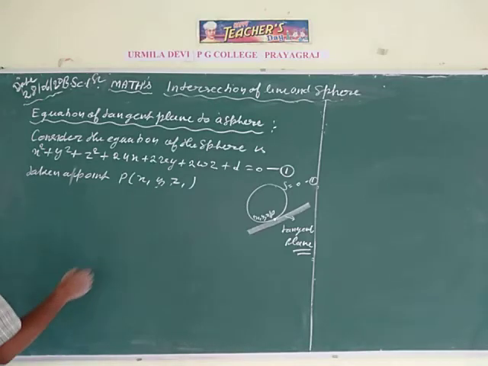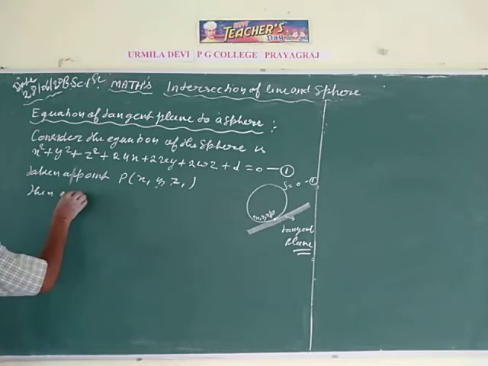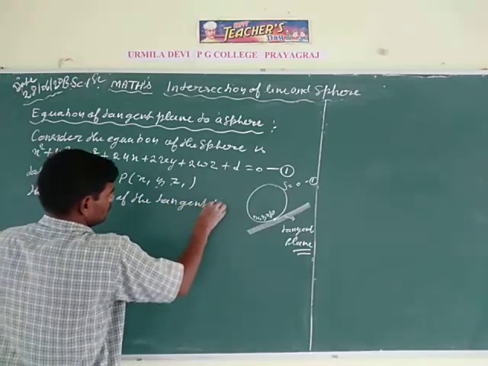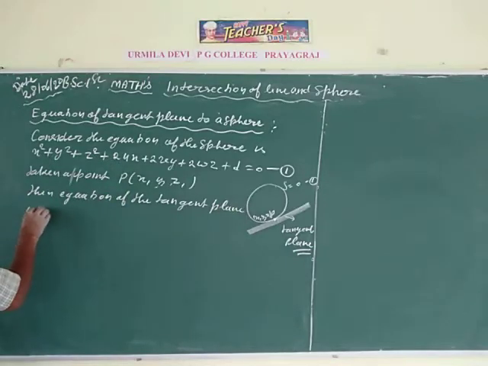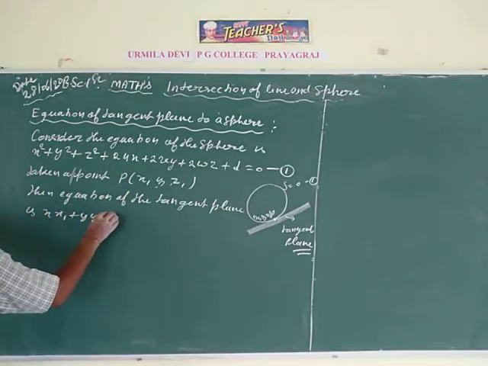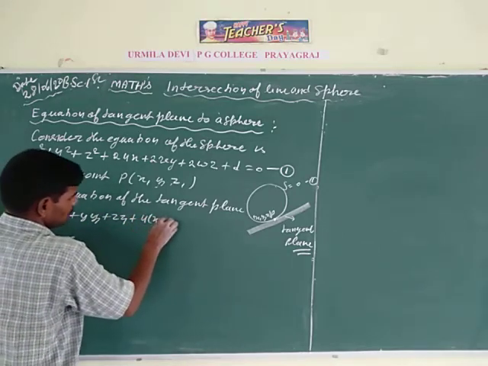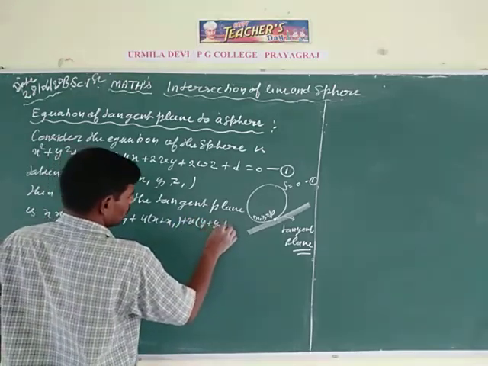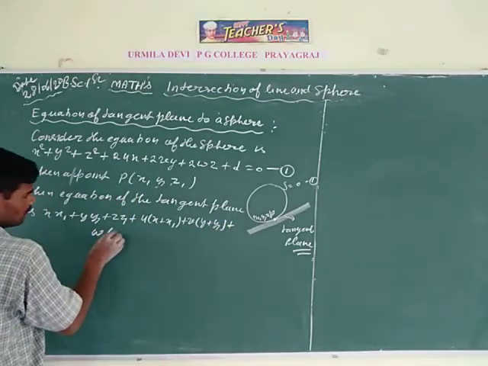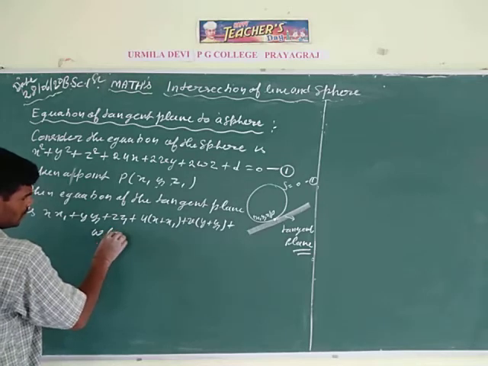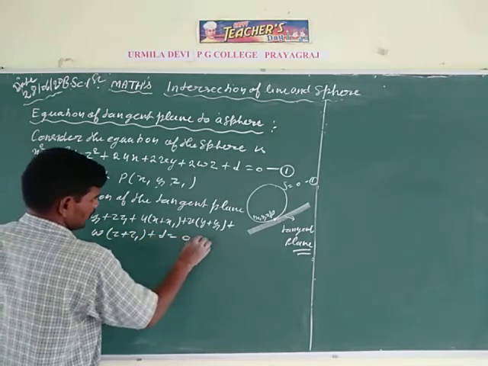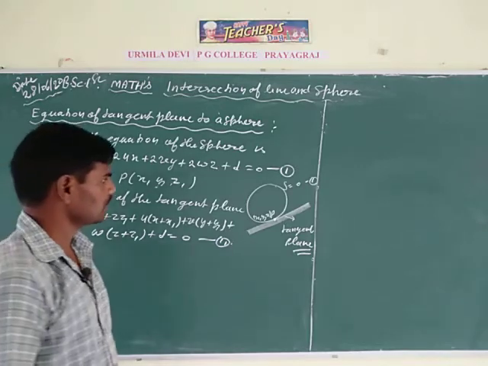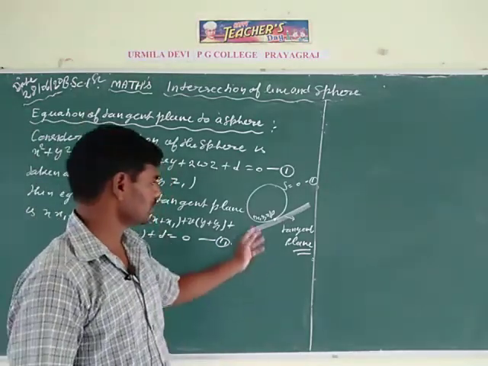So the equation of the tangent plane is x·x1 + y·y1 + z·z1 + u(x + x1) + v(y + y1) + w(z + z1) + d = 0. This second equation is the equation of the tangent plane to the given sphere at the given point (x1, y1, z1).